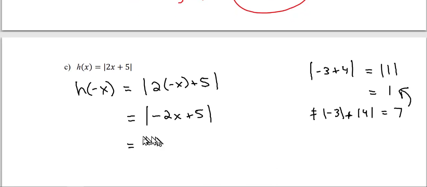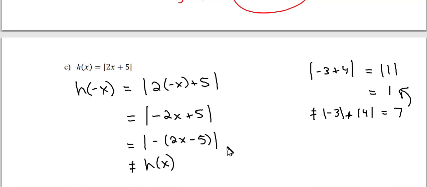Okay, well, what if we try to factor a negative out of what's inside there? We get that. Well, that's definitely not equal to our original function, right?